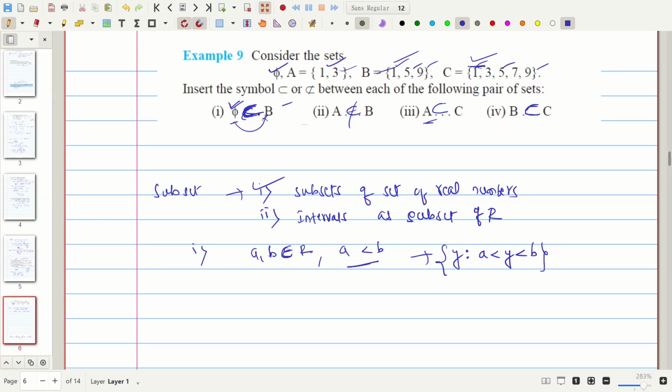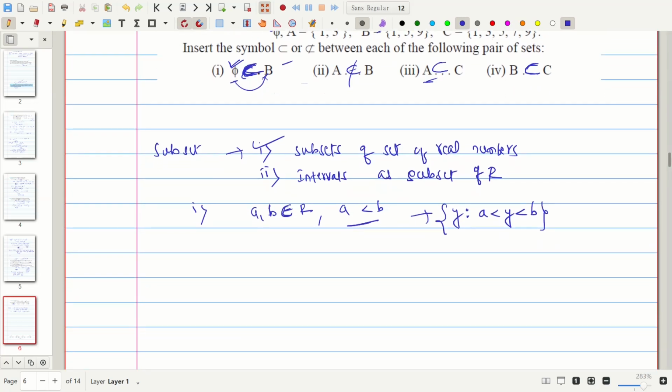Okay, y lies between a and b, so y is greater than a and y is less than b. Then we can write this in the form of (a, b).